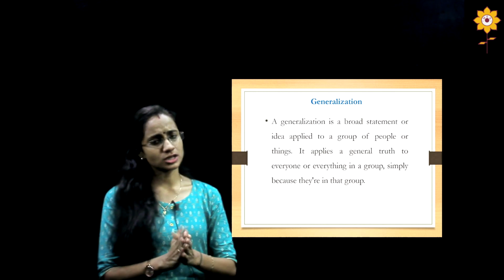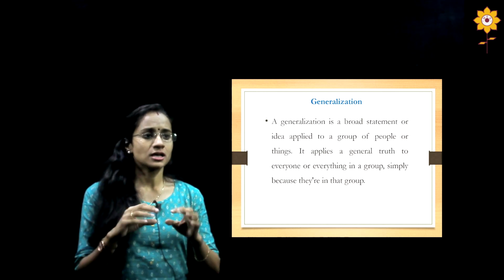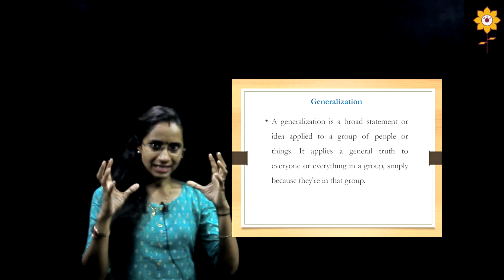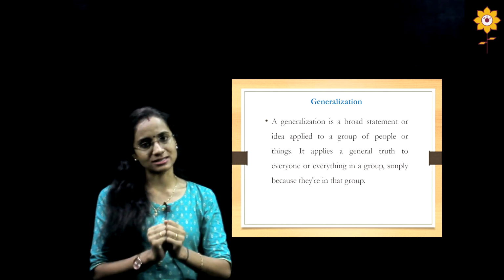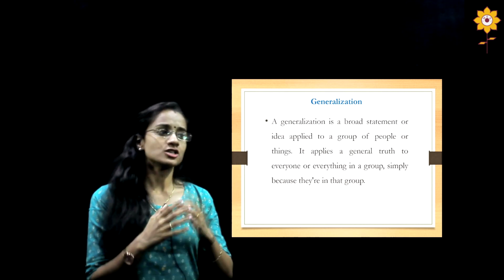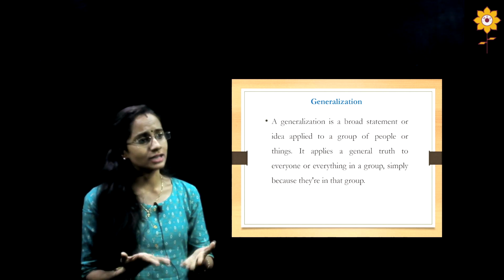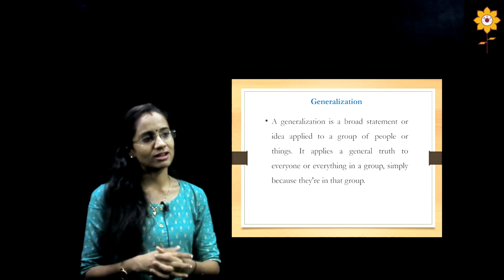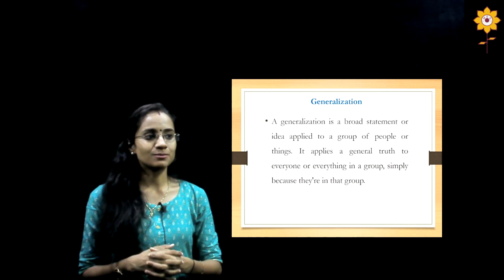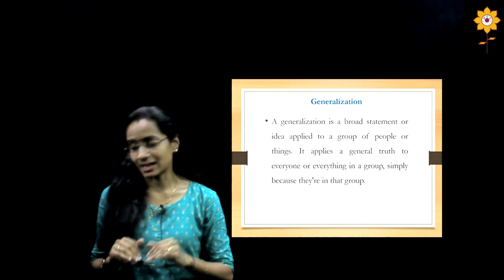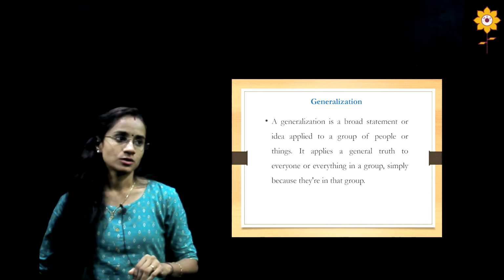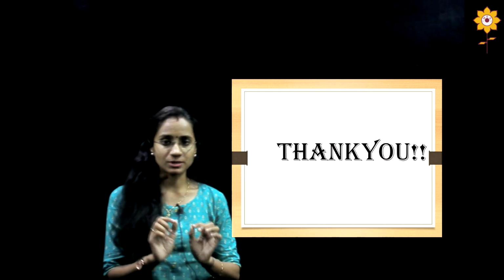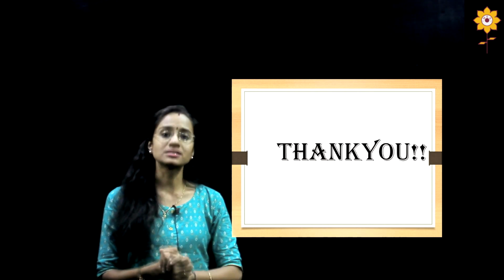And a generalization is a broad statement: when you give some examples, you infer the characteristics or similarities in those examples, and then we generalize, right? It is a broad statement or idea applied to a group of people or things. It applies a general truth to everyone or everything in a group, simply because they are in that particular group. So these are the things that you will keep in mind when you do your content analysis.